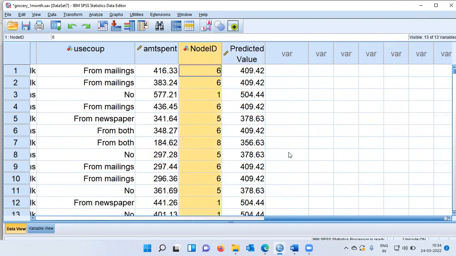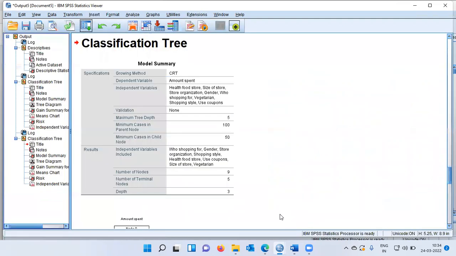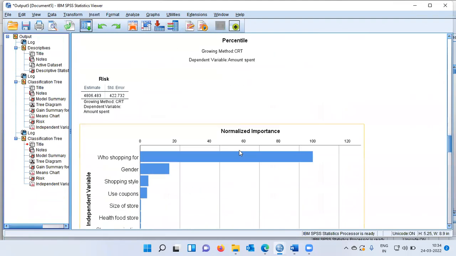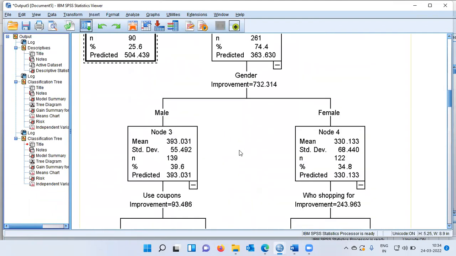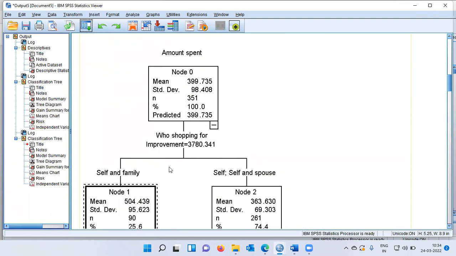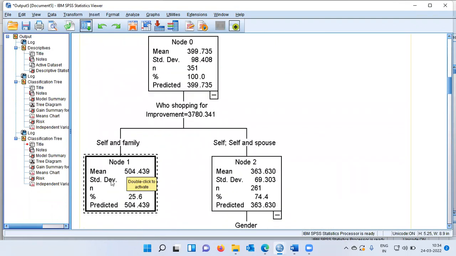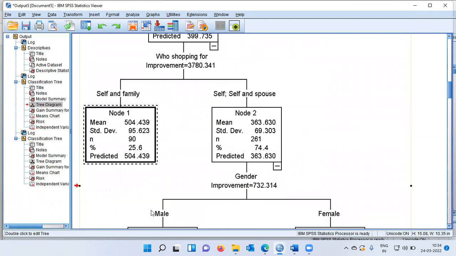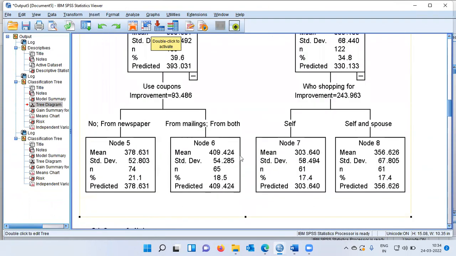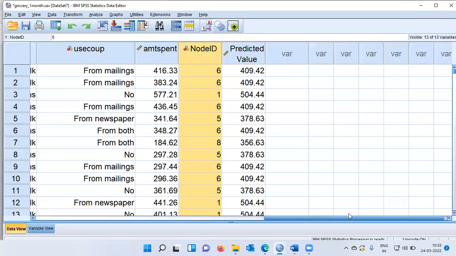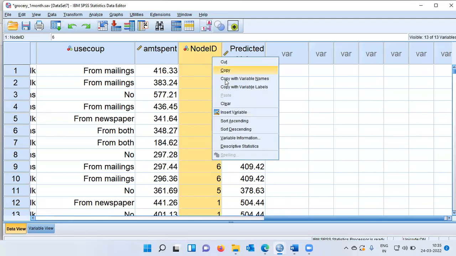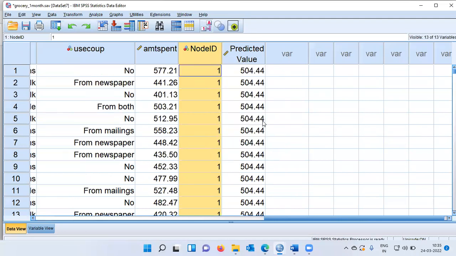Now, if you can recall the decision tree output, let me scroll up. What did we say? Node number 1 is very, very important because the average spend is 504. Similarly, node number 6 also is very, very important because here again, you can capture customers who have a high degree of spend. So what I'll do now is go back to the data set, right click on node ID and simply say sort ascending.